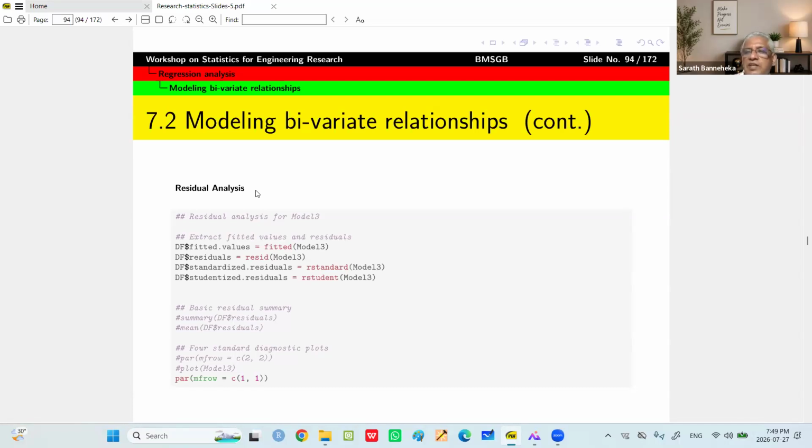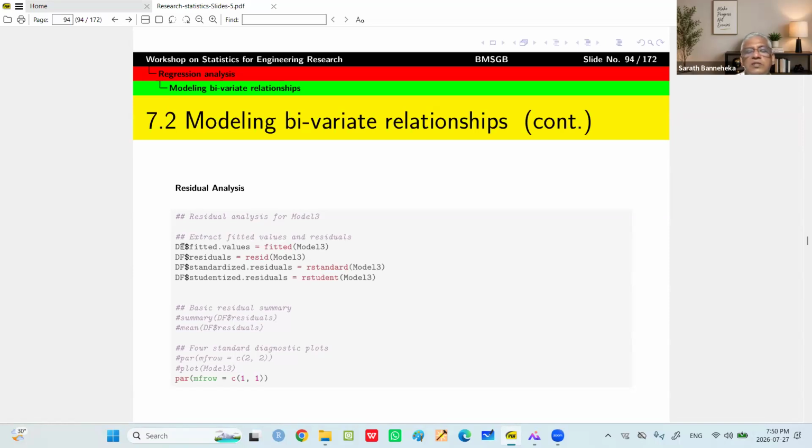Usually that is the way: we interpret those values and come to a decision assuming that the assumptions are reasonable. But once you come to a final model, you must check whether those assumptions were really valid. Otherwise, none of the conclusions you made up to now will be valid. So this is a good point to do the residual analysis.